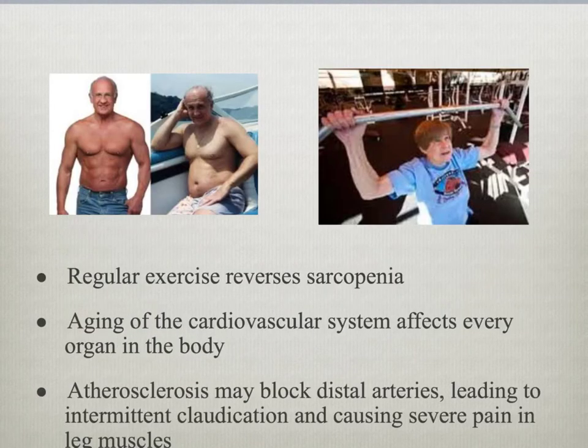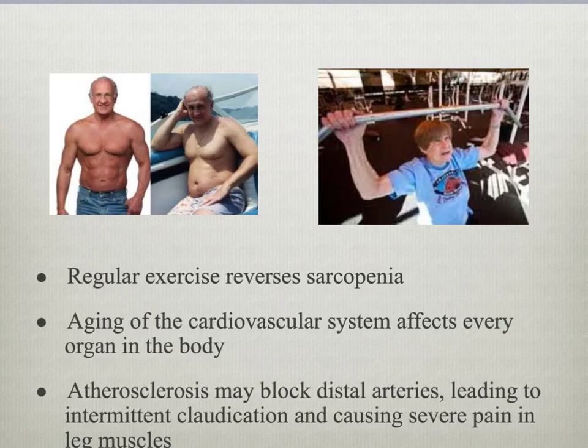So regular exercise can help reverse sarcopenia. Even if somebody is elderly, it's never too late for them to start working out. They can start lifting weights and walking, and they can really start to get that muscle mass back. And aging of the cardiovascular system also affects every organ in the body.